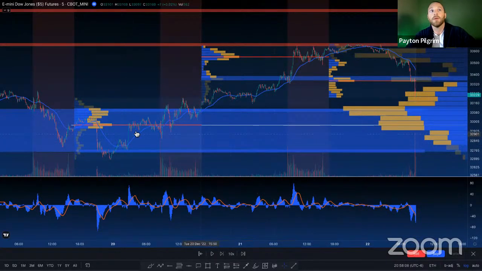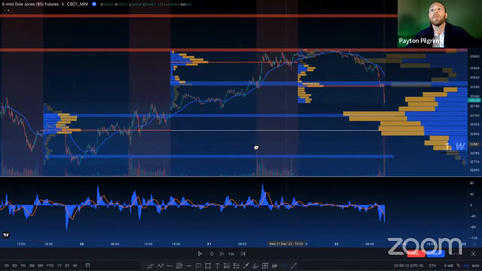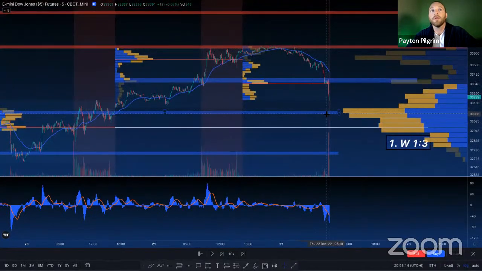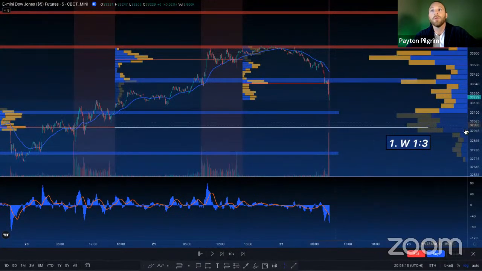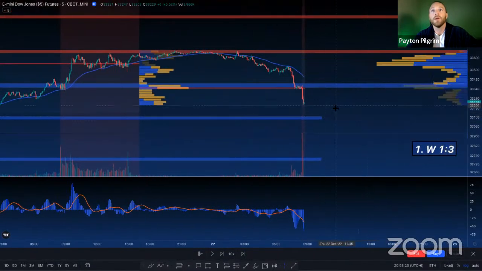And I'm going to take away this whole big zone. All right. If it's going to come into this level or this point of control, we need to assess what that would look like off the open, right?